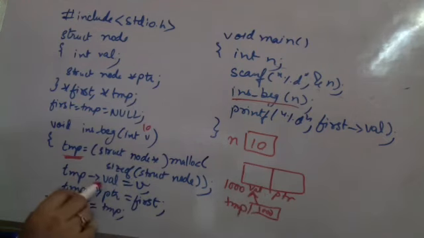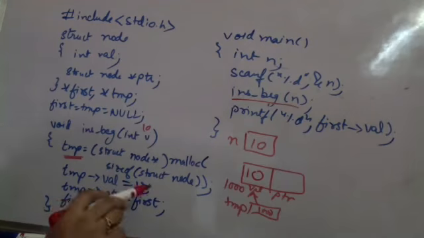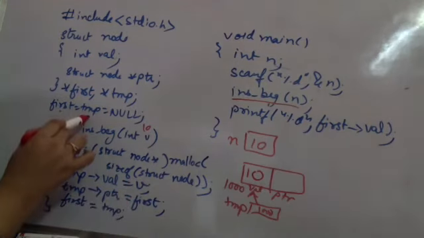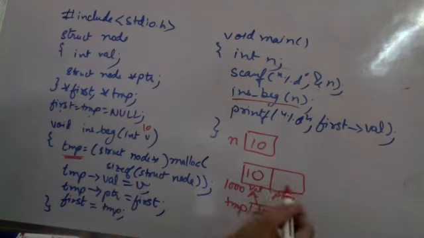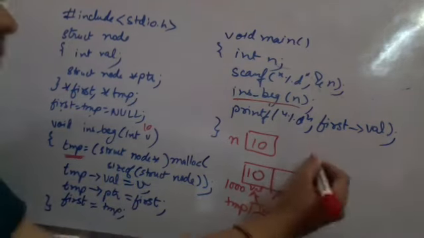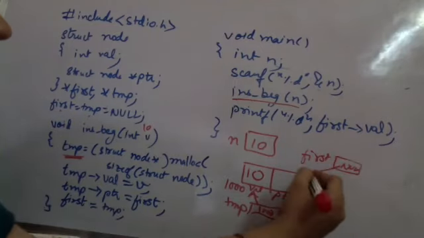After creation of temp, we have created the new node. Then I am saying temp value is equal to V. So V is having the value 10. Temp value becomes 10. Now first and temp were already having null. Then I am saying temp pointer is equal to first. So the value of first has come into temp's pointer. First is storing the value null currently. So that null gets copied here.